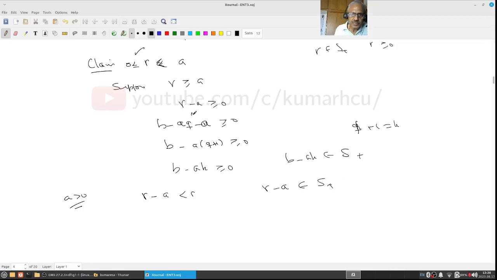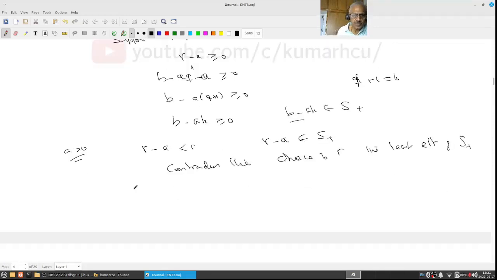So r minus a is an element of S plus, and r minus a is strictly less than r. This contradicts the choice of r, when r is the minimal, the least element of S plus. Therefore, r is strictly less than a.